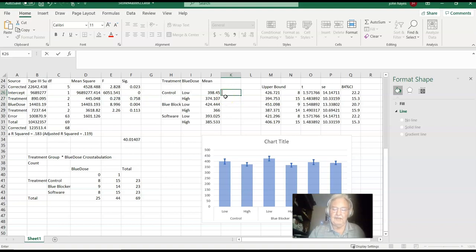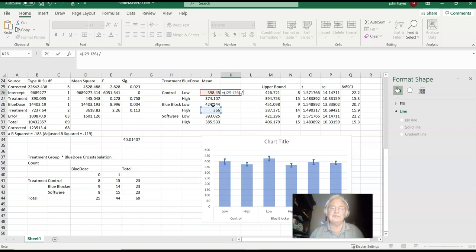So we have equals blue blocker high, because I like the reference to be the second one. So if it's a positive, blue blocker is greater than control. If it's negative, blue blocker is less than control. So the reference ought to be second. So minus that mean divided by the average standard deviation.